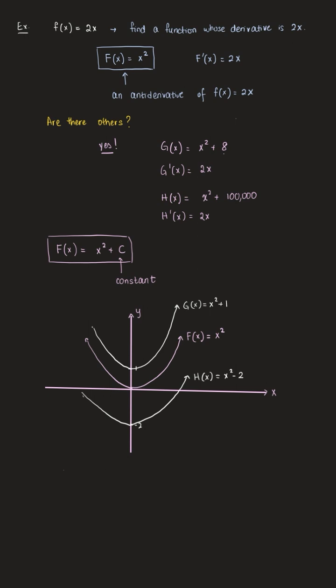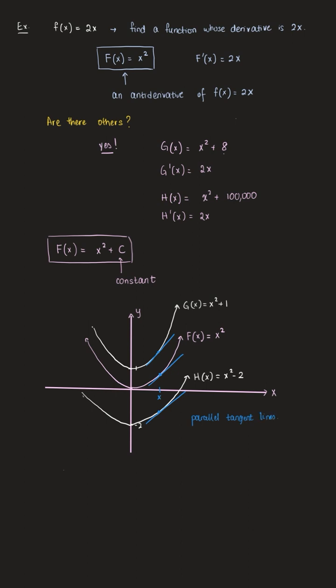Now if I pick an x value, the derivative is the slope of the tangent line at that particular x value. So I'm going to draw the tangent line at these 3 different functions at the same x value. What you might notice is that all of these tangent lines, because the shape of the graph has not changed, are parallel, which means they are going to have the same slope at every specific value of x.